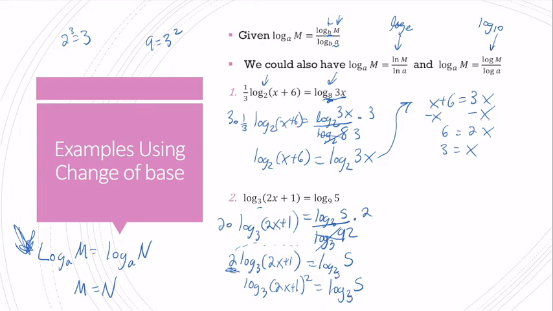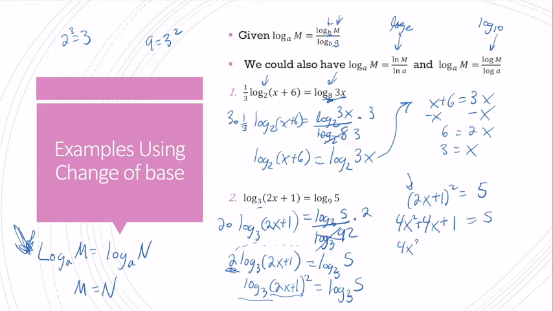Now I have log base 3 of 2x plus 1 squared equals log base 3 of 5, and I can rewrite this. So I have 2x plus 1 squared equals 5. I'm going to have to FOIL this right-hand side. So I've got 4x squared plus 4x plus 1 equals 5.